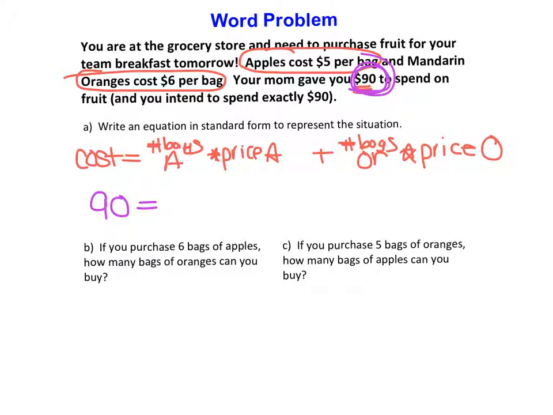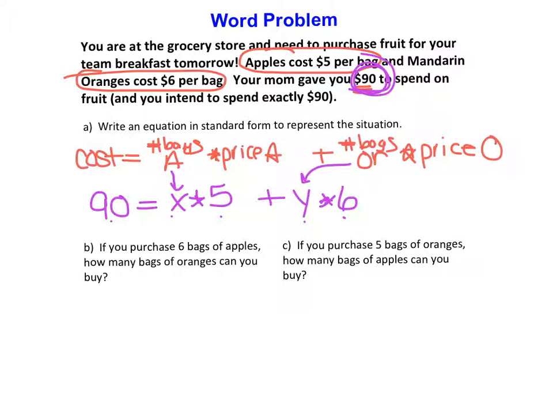We then don't know how many bags of apples we buy. So here I'm going to represent bags of apples with x because it's an unknown, times our price, which is $5 a bag, plus the number of bags of oranges, which in this case I'm just going to call y, it's another unknown value, times the price of oranges per bag, which is 6. So you can see here you take your cost, and it's calculated by number of bags of apples times the price of apples, plus number of bags of oranges times the price of oranges.